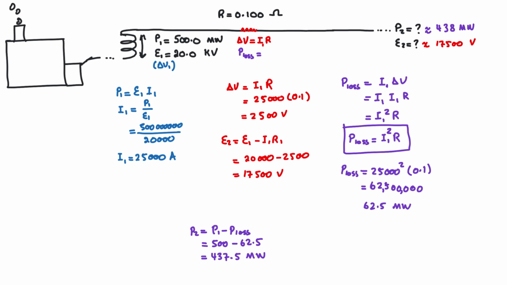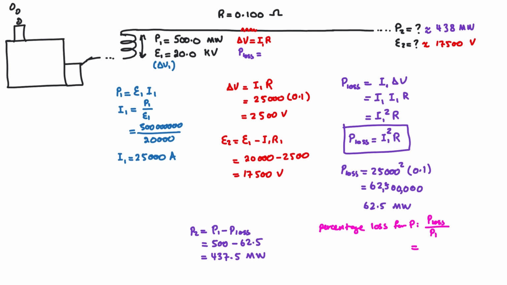In addition to all of this, we can also figure out the percentage loss of power that we had. We can basically do that by dividing the power loss by the total amount of power that we had initially. I'll write that in pink. Percentage loss for power is power loss divided by power 1.